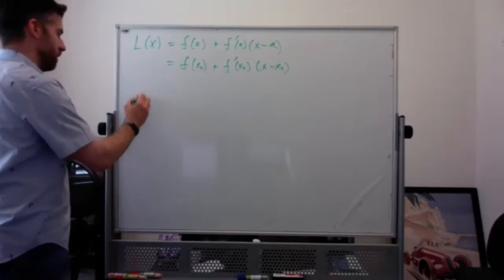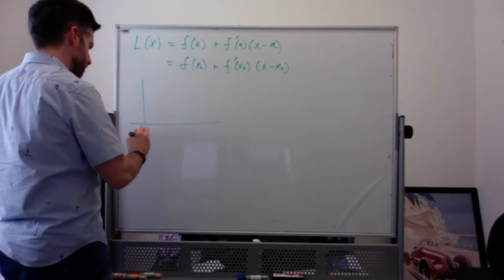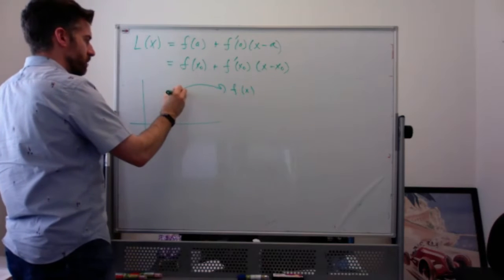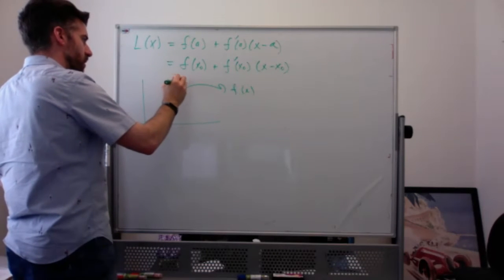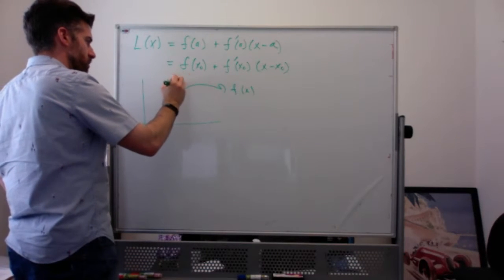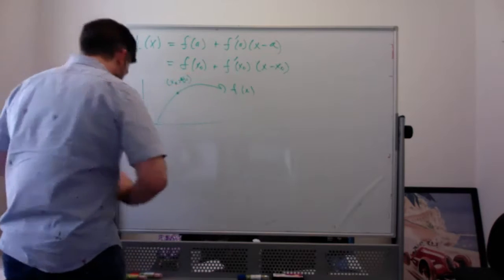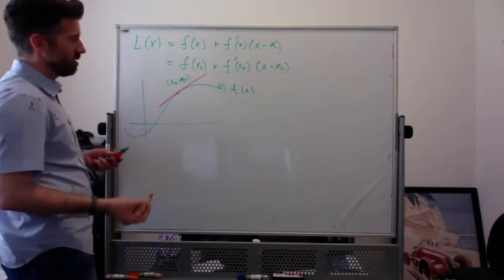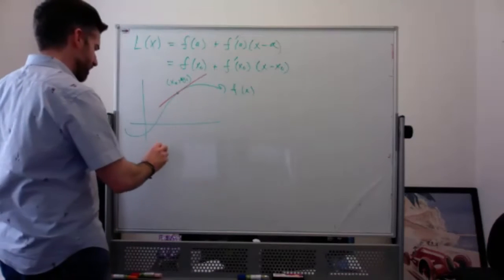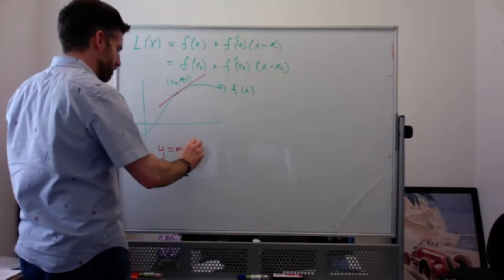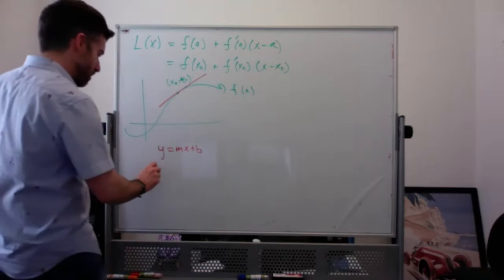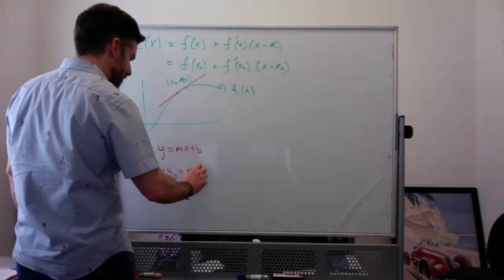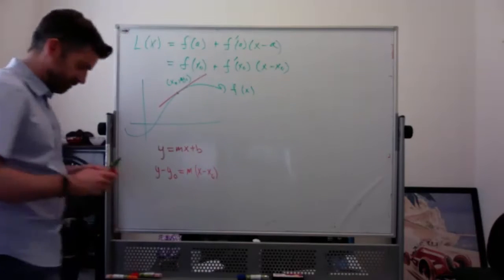In fact, let me draw the picture here. That's f of x, and that's the point x naught, y naught. If I'm trying to find the equation of this tangent line, it's y equal to mx plus b, or preferably point slope form, y minus y naught equals m times x minus x naught.